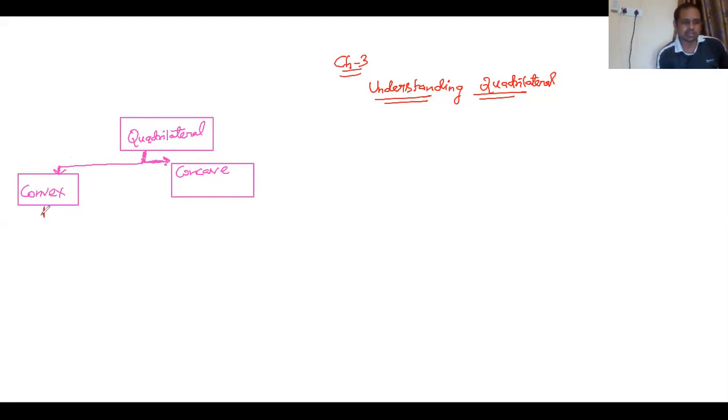A quadrilateral in which the diagonals intersect inside the quadrilateral, in the interior of the quadrilateral, is said to be a convex quadrilateral.